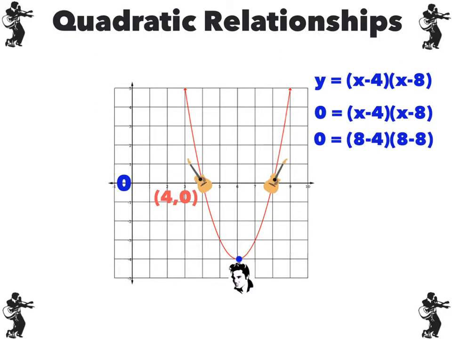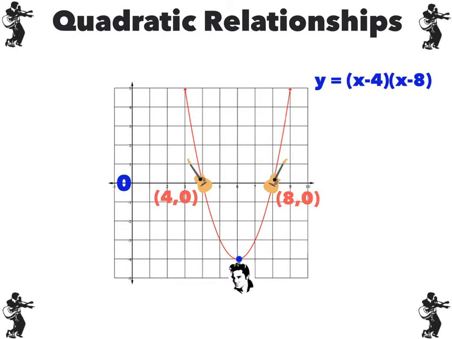And therefore we get an x-intercept of (8, 0), which corresponds with this x-intercept point right here. Now let's quickly find the middle of our two x-intercepts, which would be where our line of symmetry is.